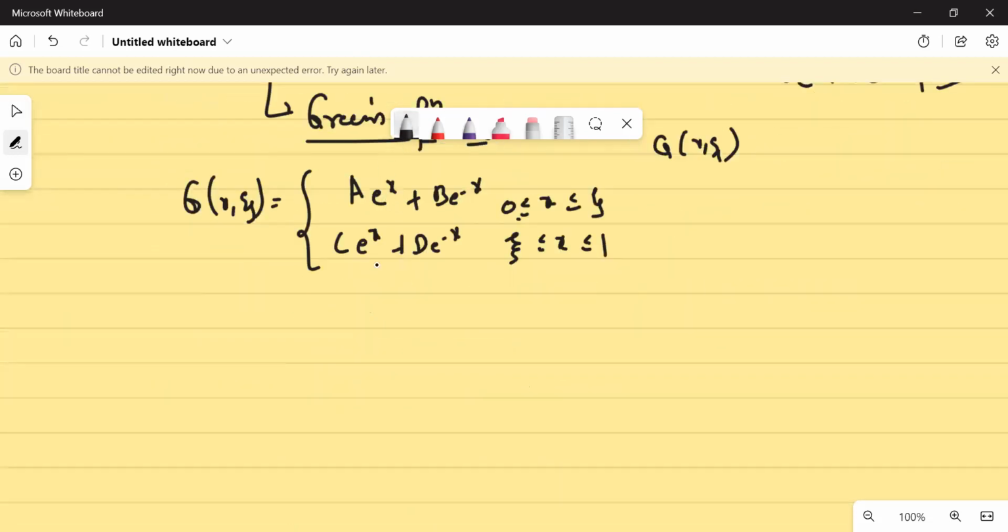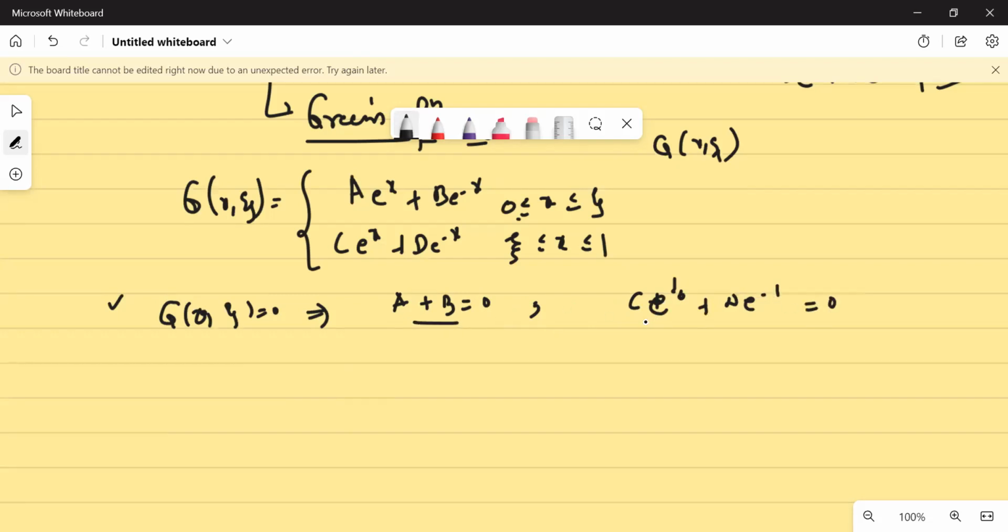Now if you impose conditions: condition number 1, g(0, zeta) should be 0, which implies a plus b has to be 0. Second condition, c e^1 plus d e^(-1) should be equal to 0.